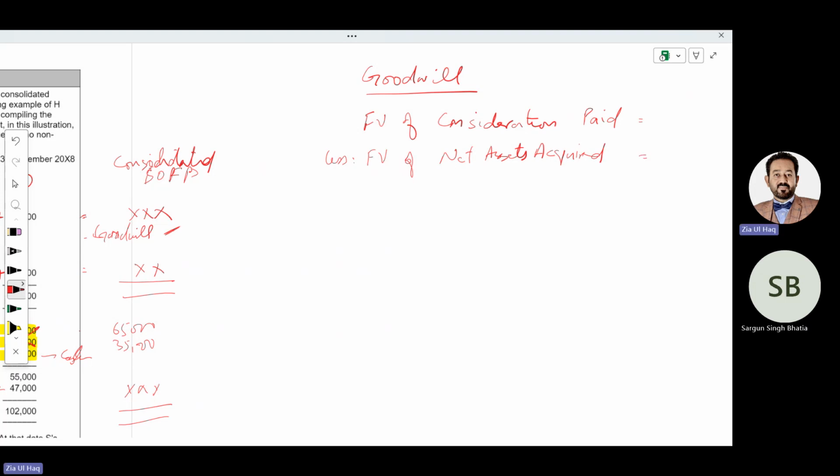The fair value of consideration paid will be given in the question, and the fair value of net assets acquired we need to calculate.